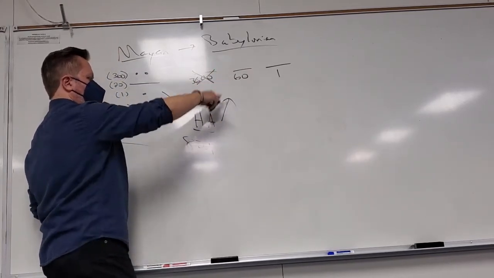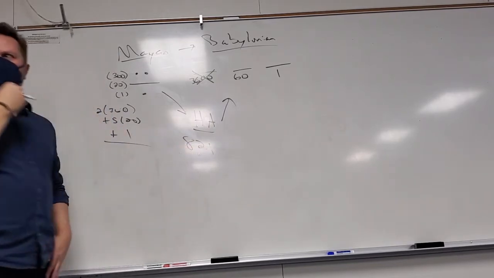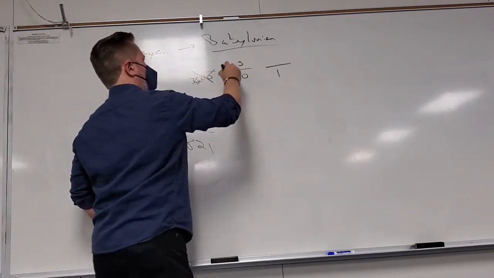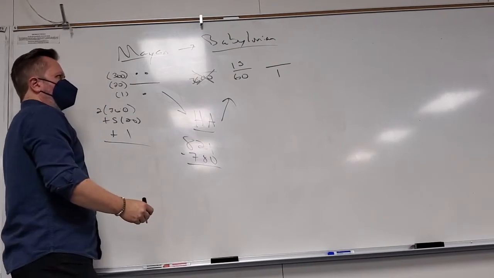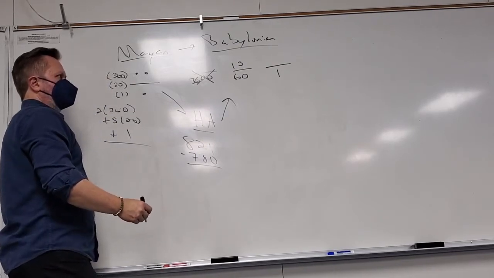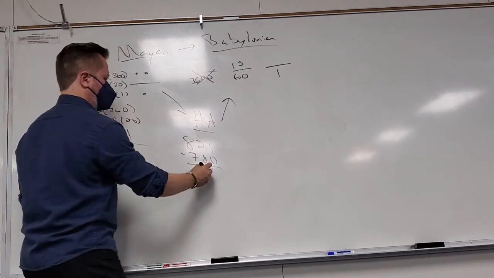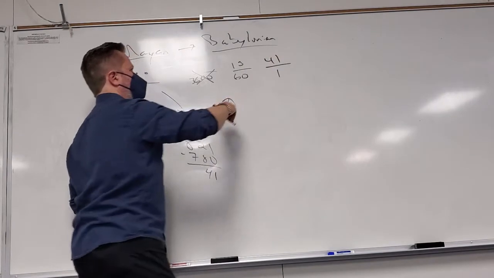So how many 60s in 821? 13. Yeah, we did that one earlier. 13. That's 780, right? Yeah, 41 left over. 41. So 4 Pac-Mans, 1 bar. I like it.